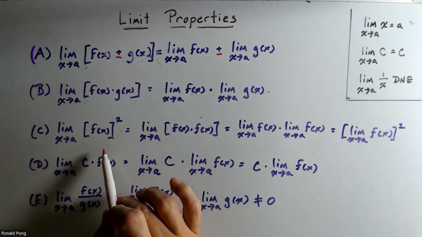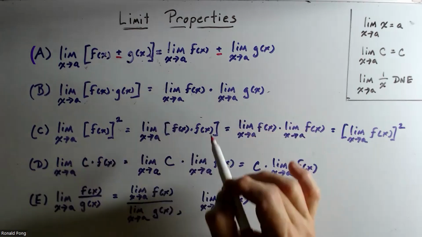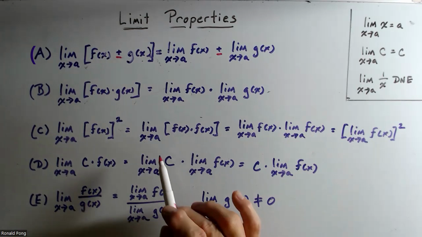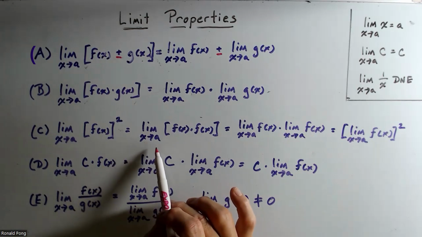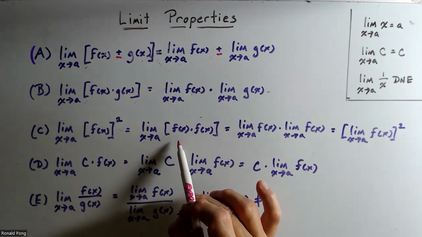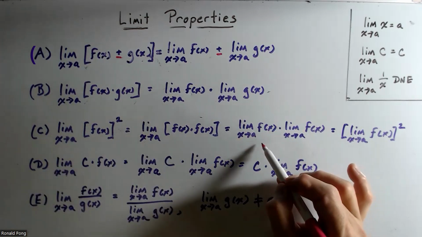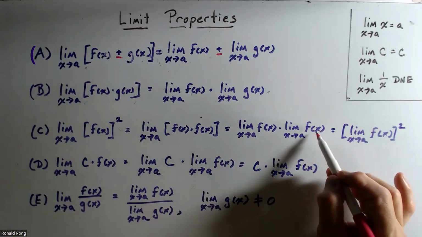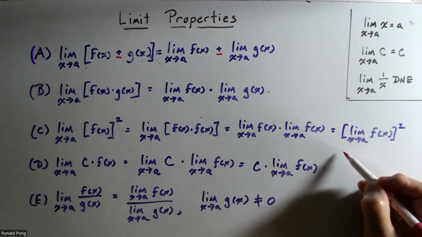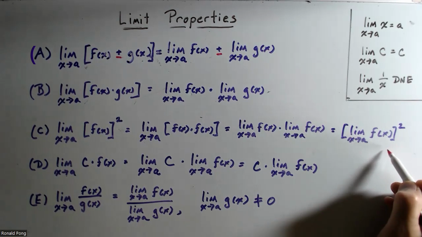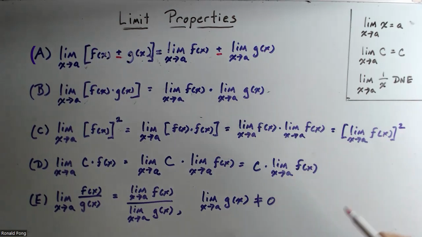The limit of a function squared, applying rule B, or property B, says that the limit as x approaches a of f of x times itself, I could take the limit of f of x individually each time and finally rewrite that as the limit of the individual function and square that result.